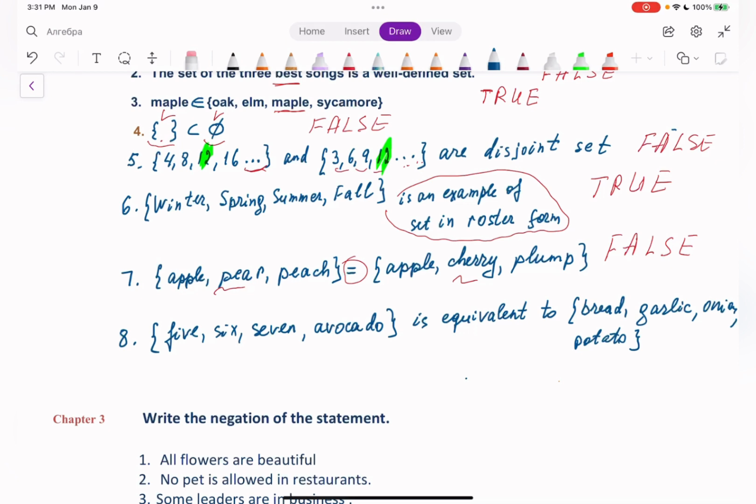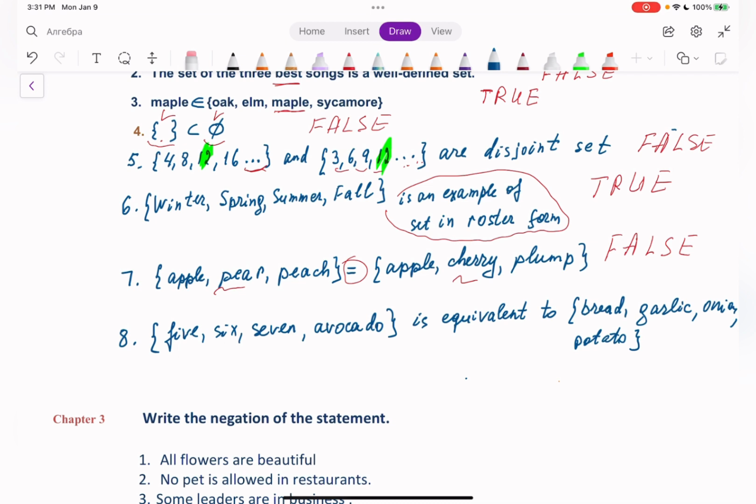This would be true, and these two sets would be equivalent, okay? Because they have 4 elements. Equal, they have to have the same elements, but equivalent, meaning they have to have the same amount of elements. It doesn't mean they have to be the same elements. See, I have 5, here is bread.